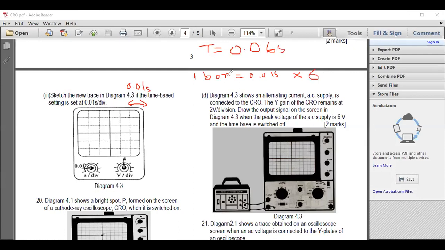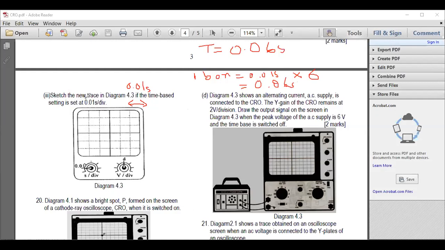When you have 6 boxes, you will get 0.06. That means now you have to use 6 boxes. Earlier we used 3, now we use 6, because one box is 0.01.